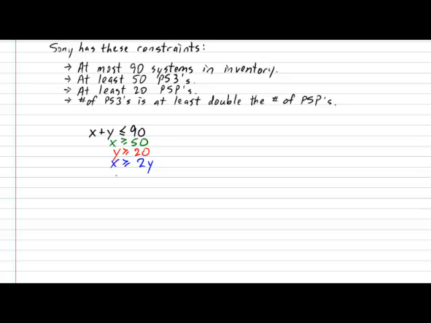They are that x has to be bigger than or equal to 0, and also y must be bigger than or equal to 0. We cannot allow the number of PlayStation 3s and PlayStation Portables to be in negative quantities. That logically doesn't make sense.